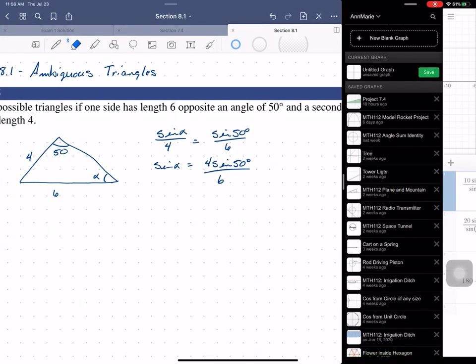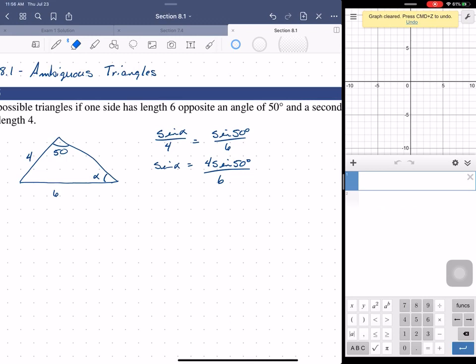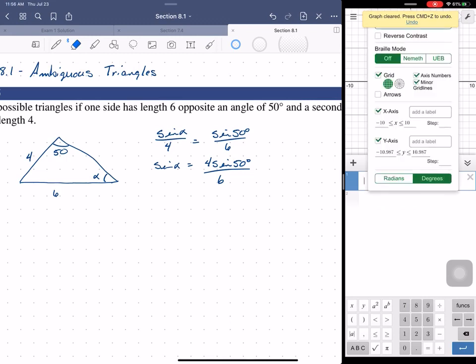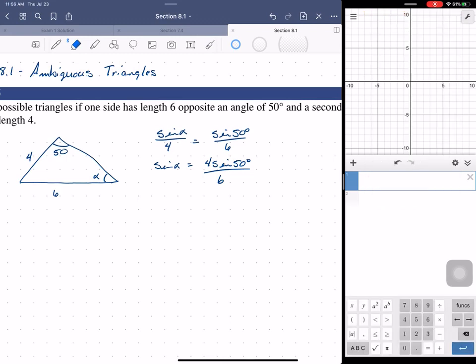Let's just clear some stuff off. Make sure we're in degrees. And okay, so we've got 4 times the sine of 50 degrees divided by 6, which means that the sine of alpha is equal to 0.5107.